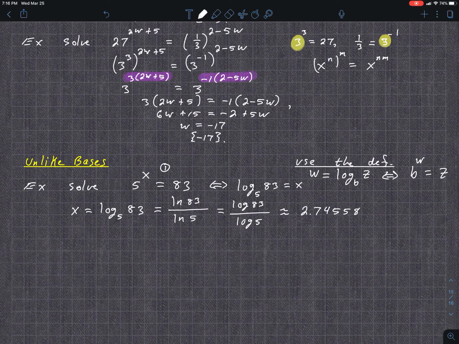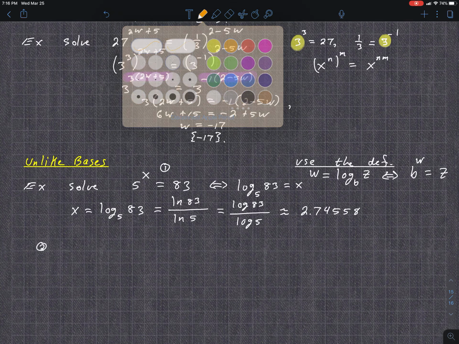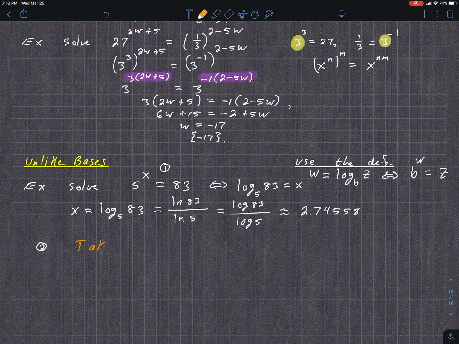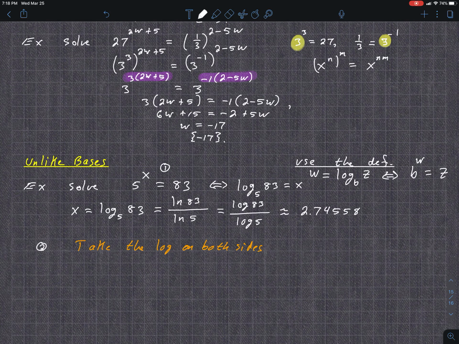So this is case 1. This would be case 2. In case 2, what we do is we take the log on both sides. You can think of it as applying the same thing on both sides to solve it. So you have 5 to the x equal to 83.